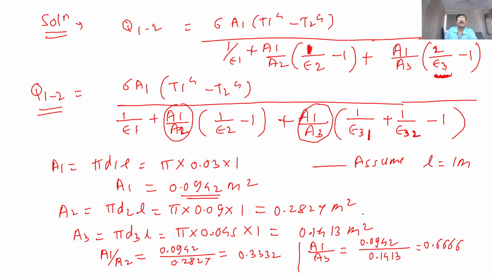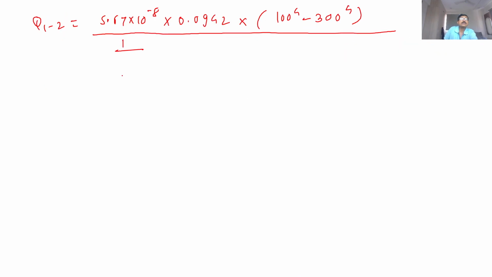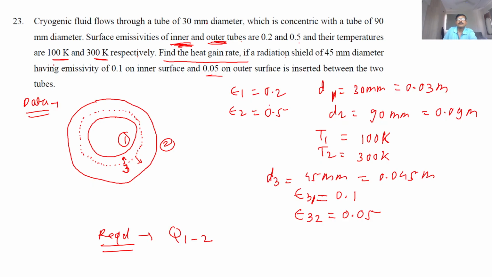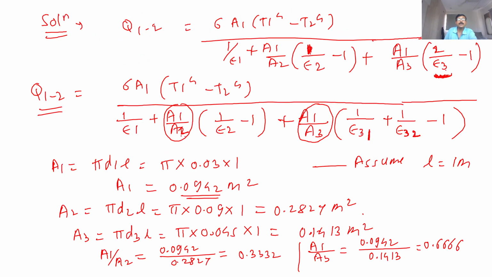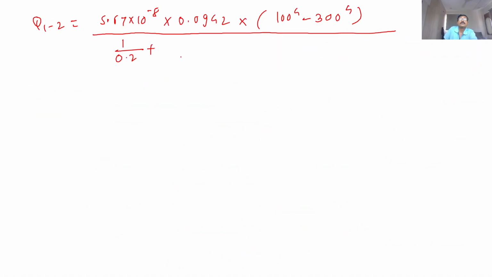1 by epsilon 1. Epsilon 1 is 0.2, plus A1 by A2, already calculated as 0.3332, times 1 by epsilon 2.